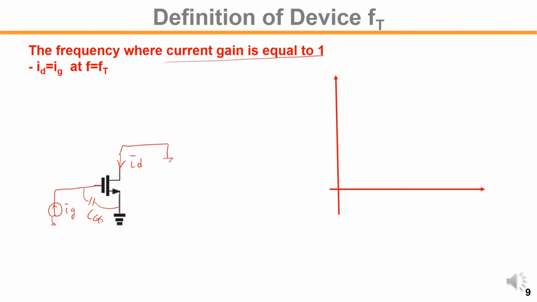We tie that to ground, so the bias is not shown here. We just assume that the transistor is in saturation.